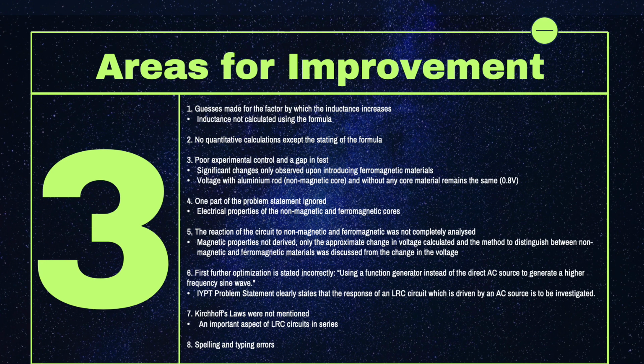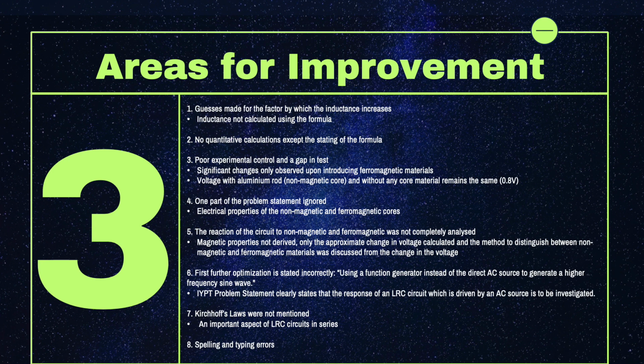And the second part, which was about the magnetic properties, was also not derived. Instead, an entirely third answer, which was the method to distinguish between the two materials using voltage, was discussed, something which wasn't even a part of the problem statement, and something which wasn't even asked for.